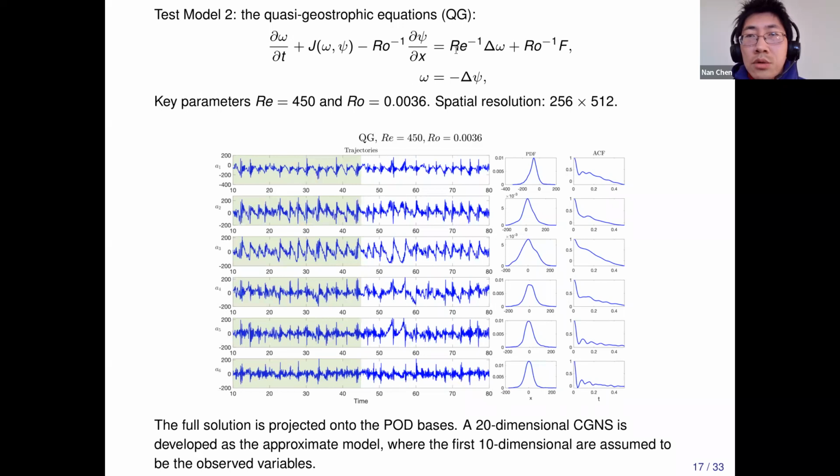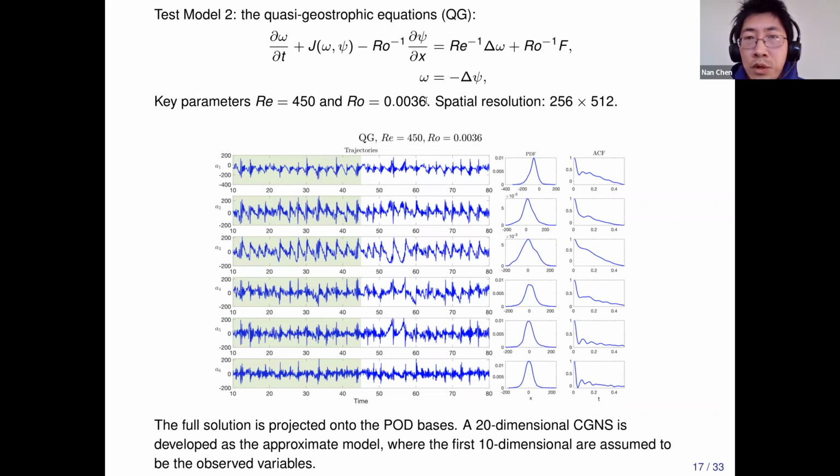There are two very important non-dimensional numbers. RE is the Reynolds number, and RO is the Rossby number. We choose a regime where the Reynolds number is about 450, which is moderate. So you will see some chaotic turbulent behavior, as you can see in this time series. And RO is the Rossby number.